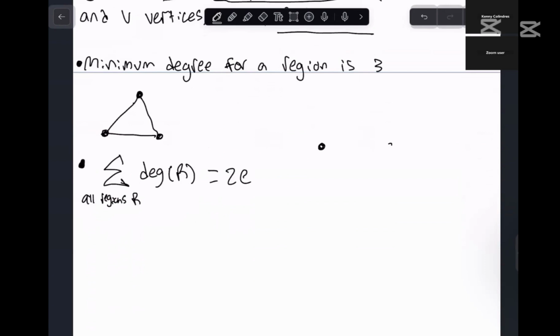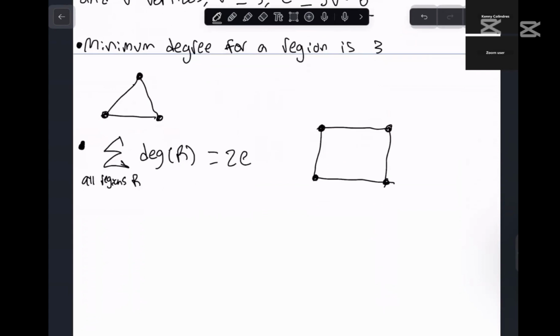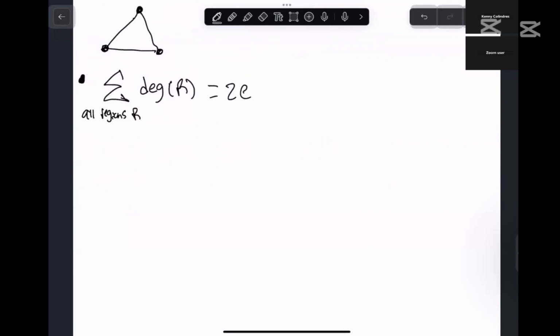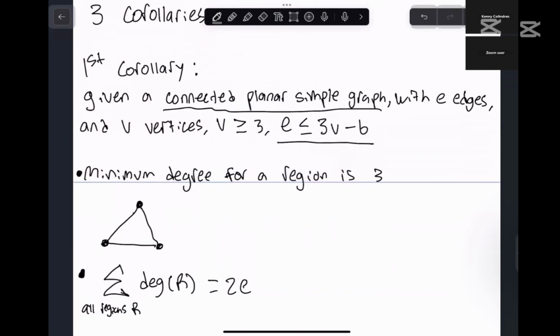So say we have a graph such as this following graph with 4 vertices, which satisfies all 3 of the traits above. We see that each edge has 2 sides to it. It can be a left side or a right side, or say for this upper edge, a top and a bottom side. So using that is how you arrive at the sum of the degrees of all the regions being 2E. Now is where we begin actually doing the proof for the first corollary.